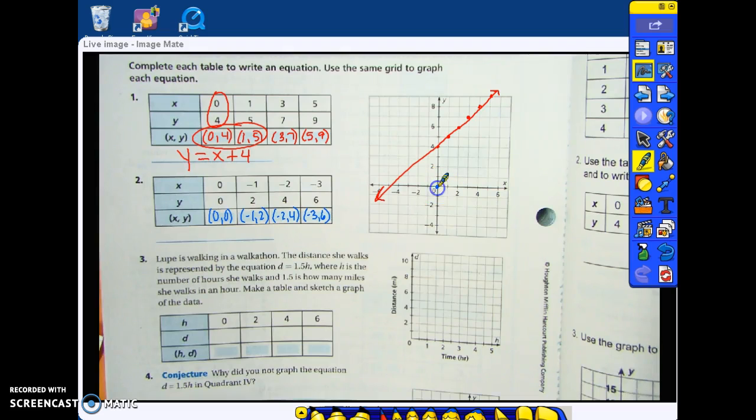I'm going to put one at the origin, one at negative 1, 2, one at negative 2, 4, and negative 3, 6, and plot these points. This is the graph for this equation, but I do not know my equation yet.